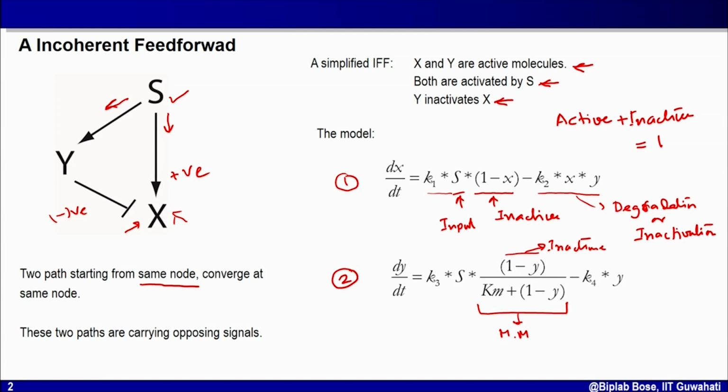Note that for x, I have not considered any Michaelis-Menten formulation. I could have considered a Michaelis-Menten formulation there, but to simplify the model, I have simply considered that 1 minus x, that is the inactive x, is reacting with S, as simple as that.